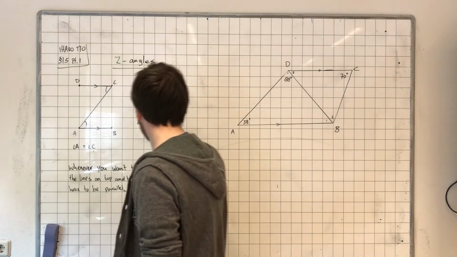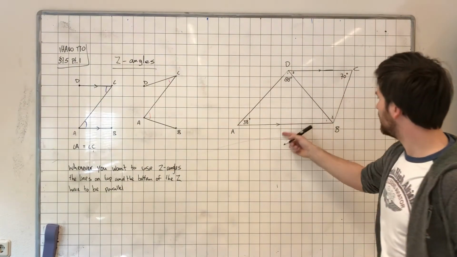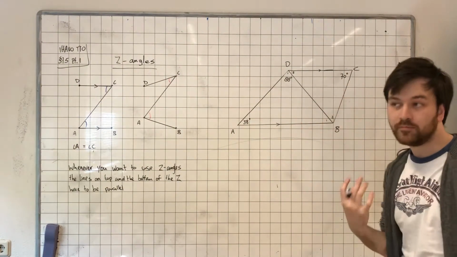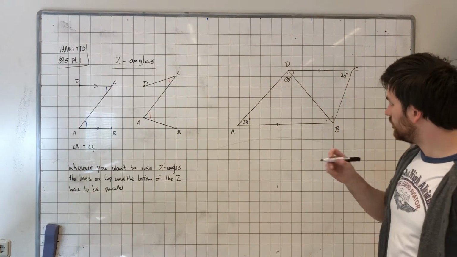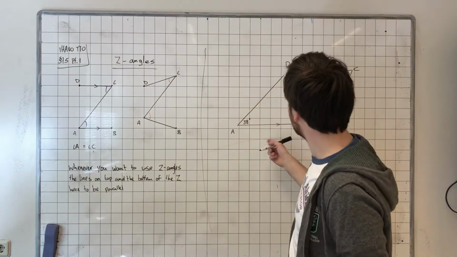So maybe you already saw them. In this example there are 2 arrows which basically mean that these lines are parallel in fact. So let's try and look at our example now.